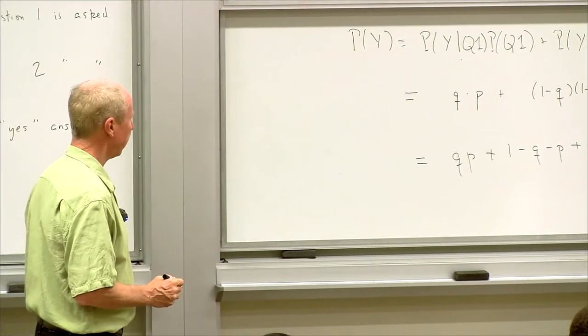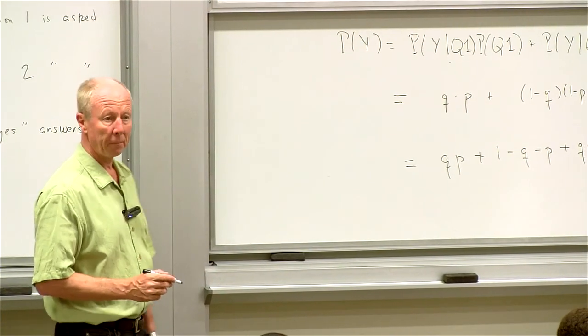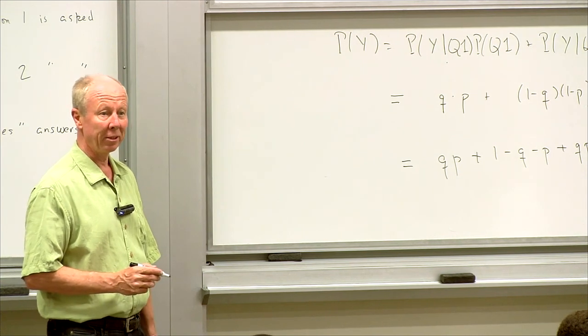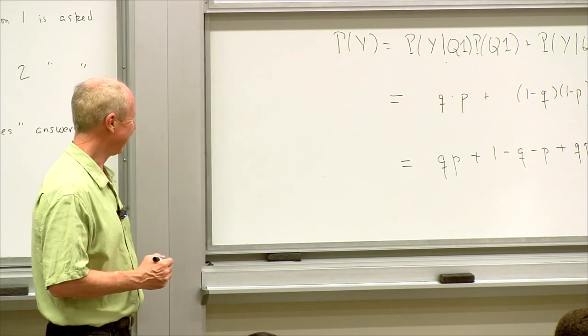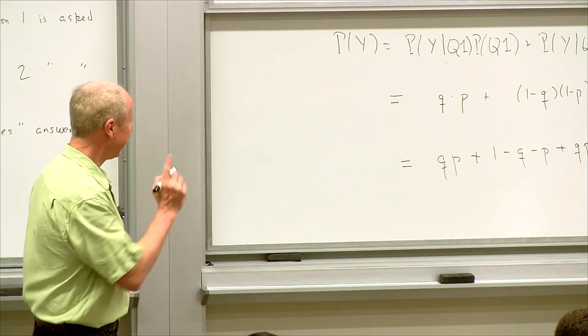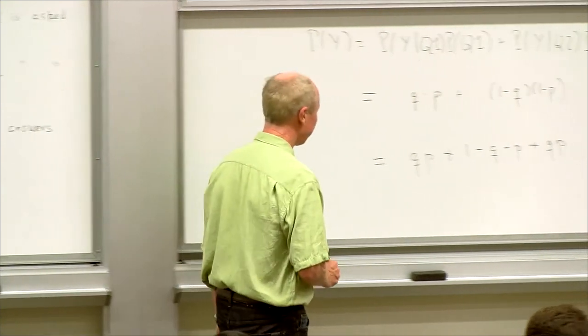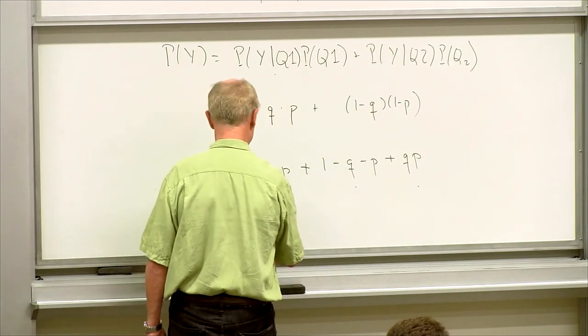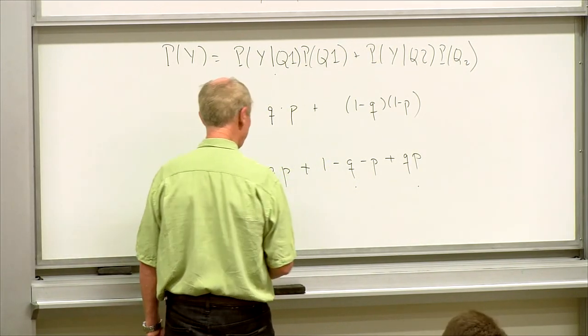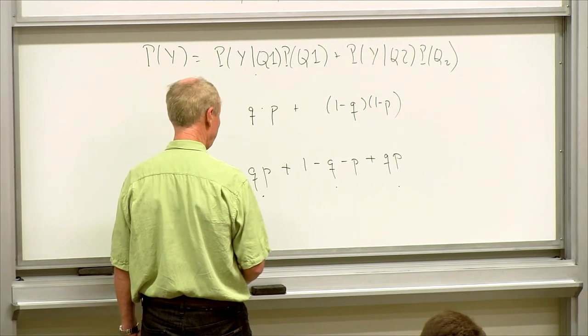Let's collect the terms that have Q. I see a stunned look. It's okay? All right. If I collect the terms that have Q, that would be this, this, and this. And that would give a Q times what?